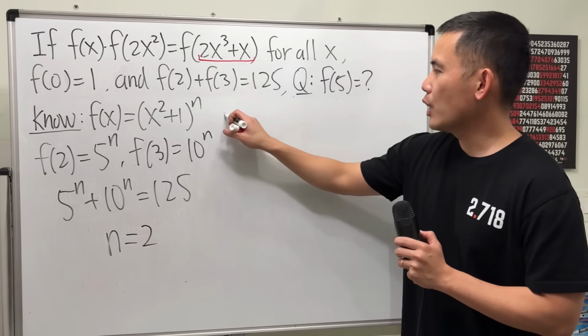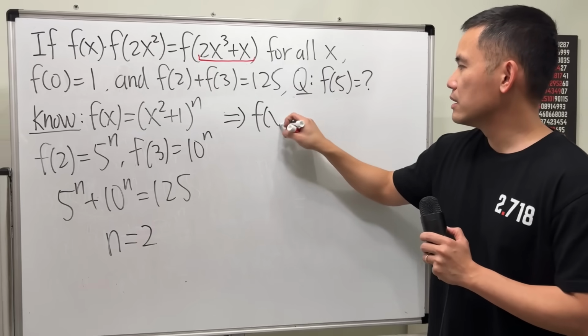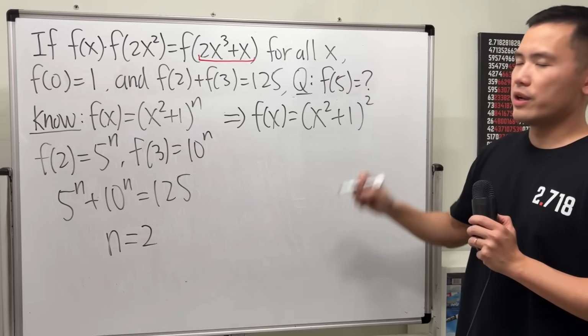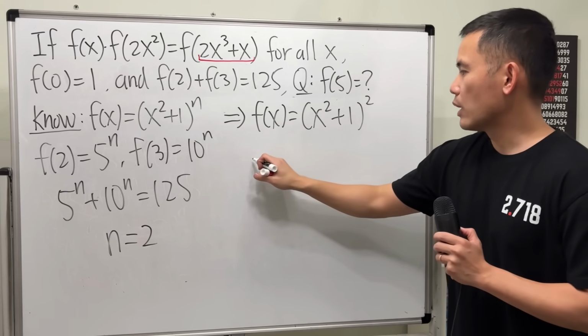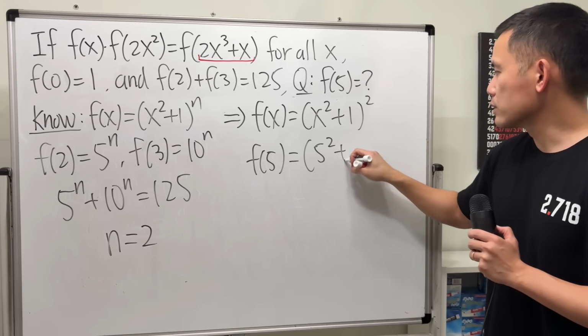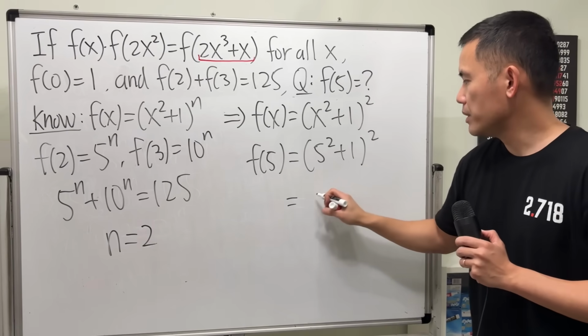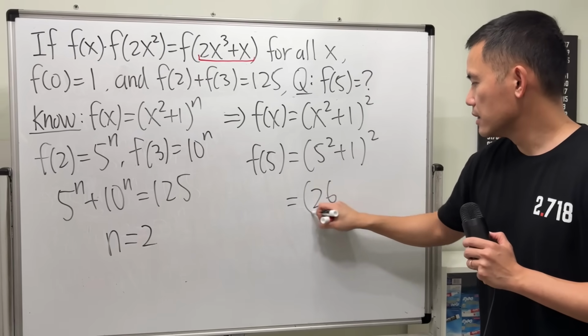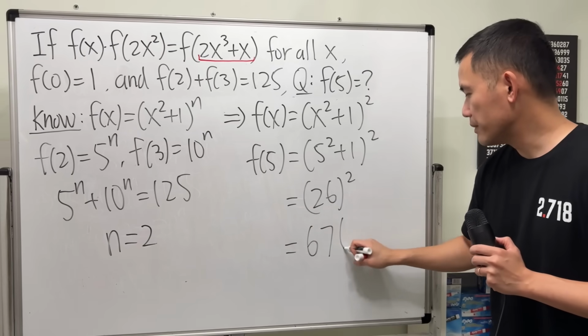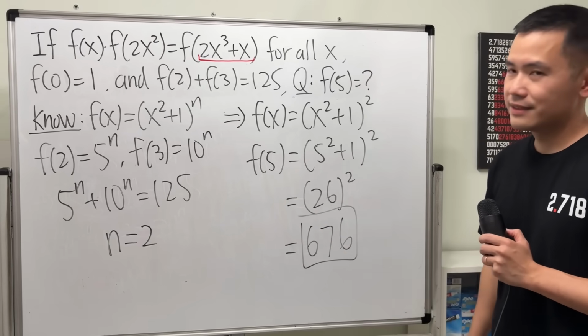So all that tells us our function is just x squared plus 1, squared. Now we just have to figure out what f of 5 is. So that will be 5 squared plus 1, squared, which will be 26 squared, and work that out, 676. That will do it.